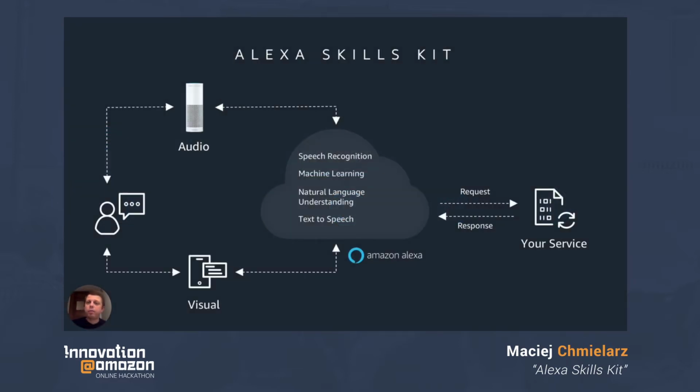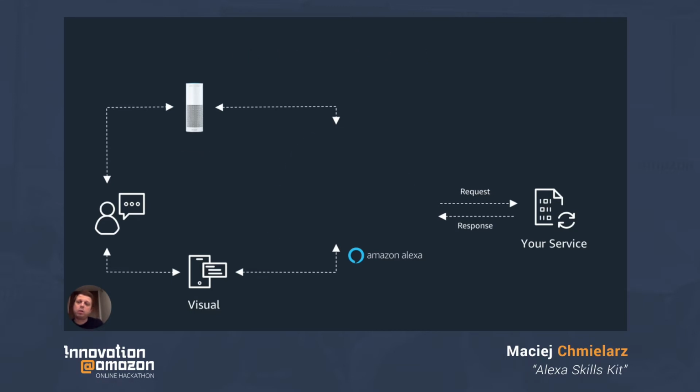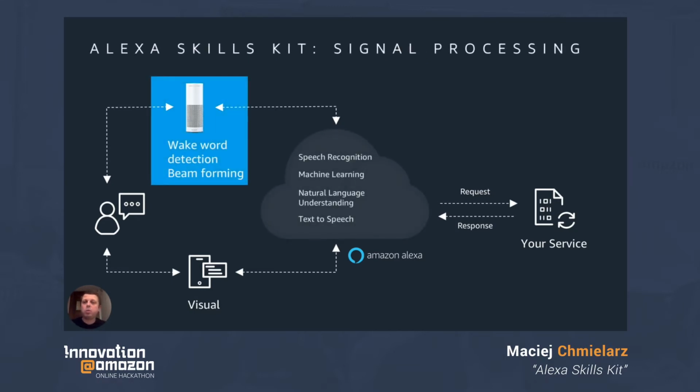Okay, let's dive a bit deeper into how Alexa skills work. All of that, of course, starts with the user interacting with Alexa through devices. In order to start the interaction, the user has to use a wake word so that the device knows the user is speaking to Alexa and can pass the input from the user to the cloud.